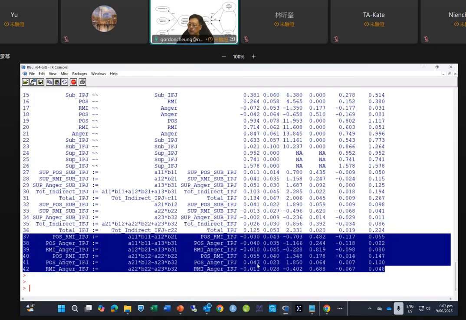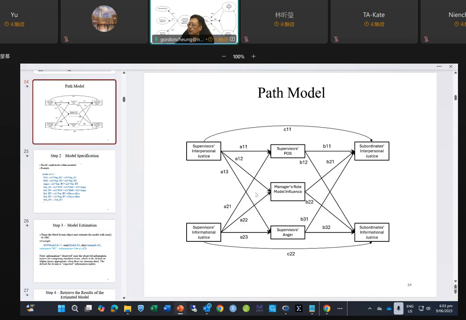The estimate is positive, A21 times B12. That means going through POS is significantly stronger than going through anger.